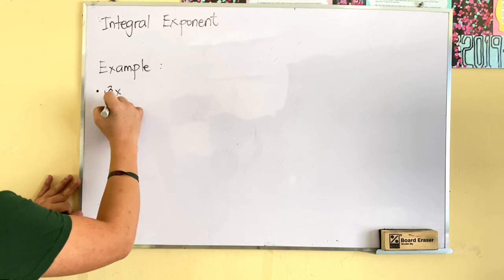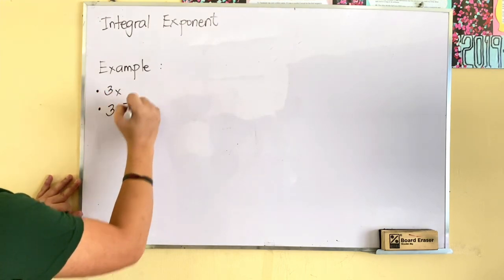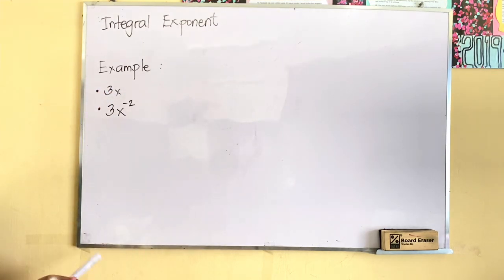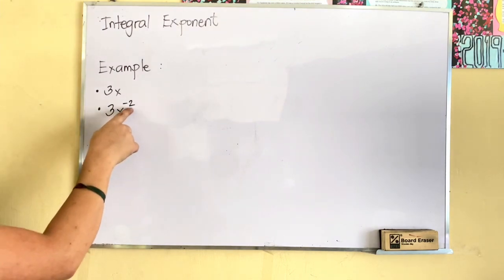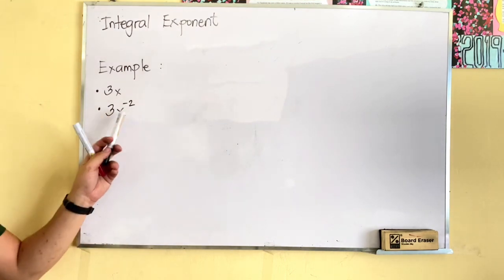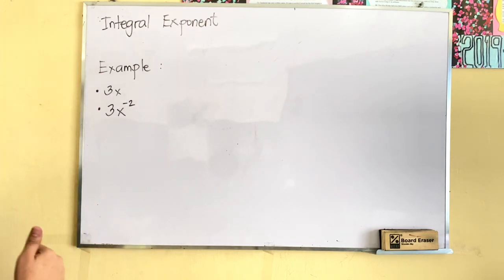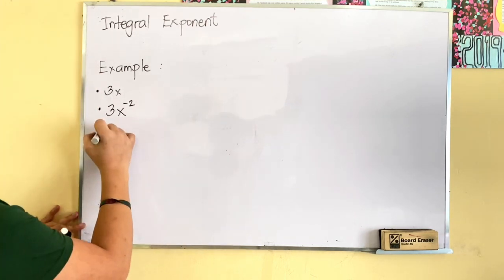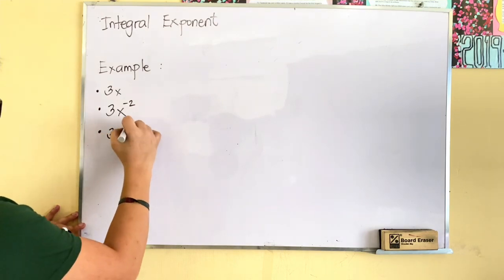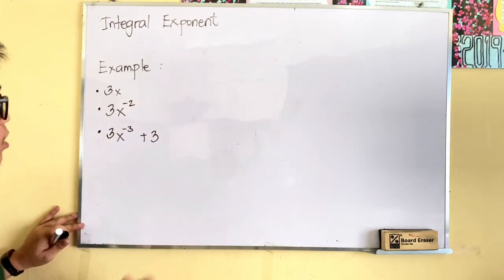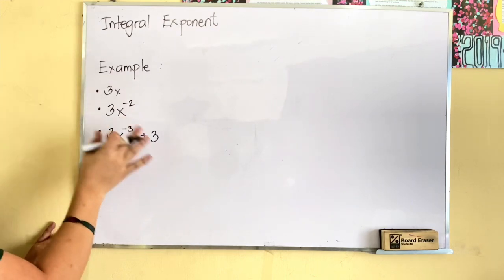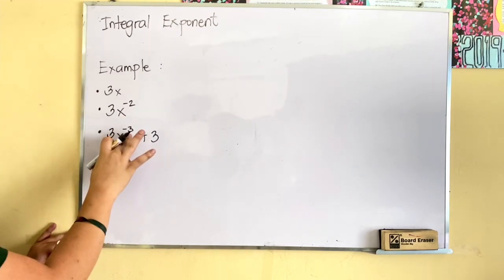Next, 3x raised to negative 2. As you can see here, the x is raised to a negative number or negative integer. So is it an expression with an integral exponent? Yes, also. Another one, 3x raised to negative 3 plus 3. This expression also has an integral exponent because x is raised to a negative integer.